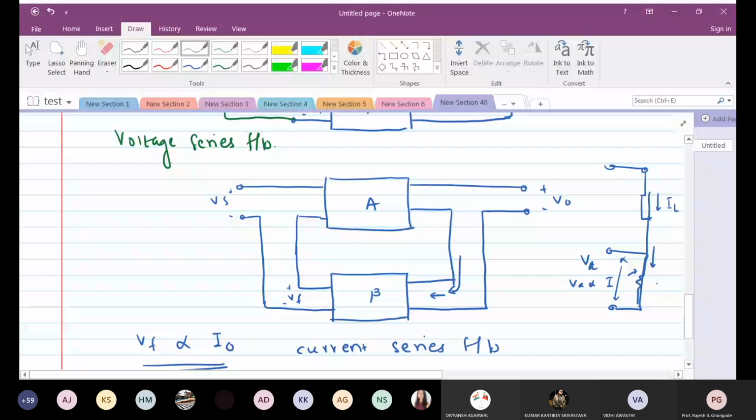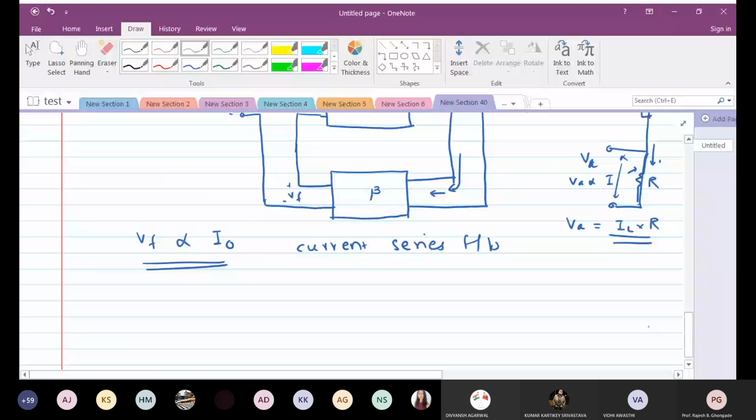Simple Ohm's law. EA is IL into R. Simple. So I'm in a position to get the feedback voltage, which is proportional to the current flowing through the load. Is this fine?